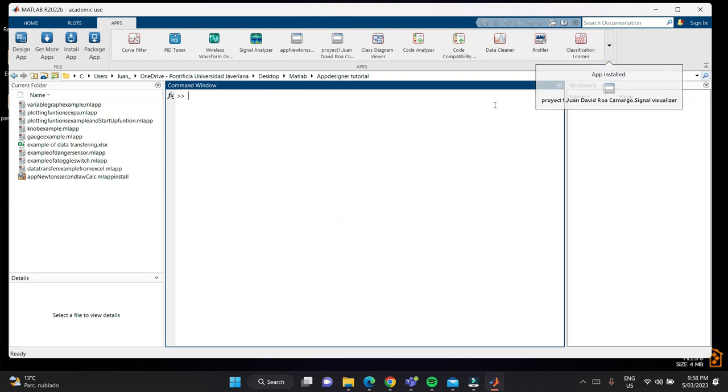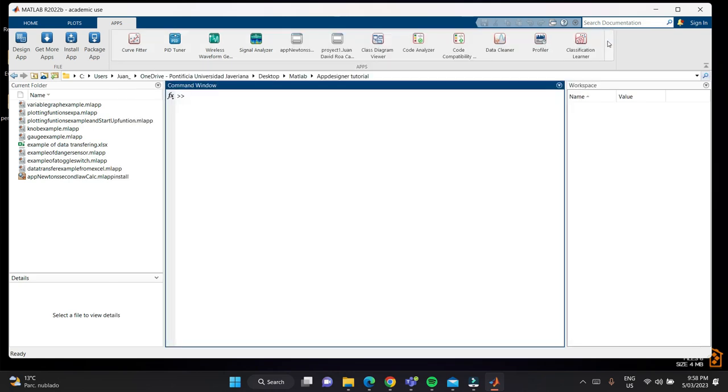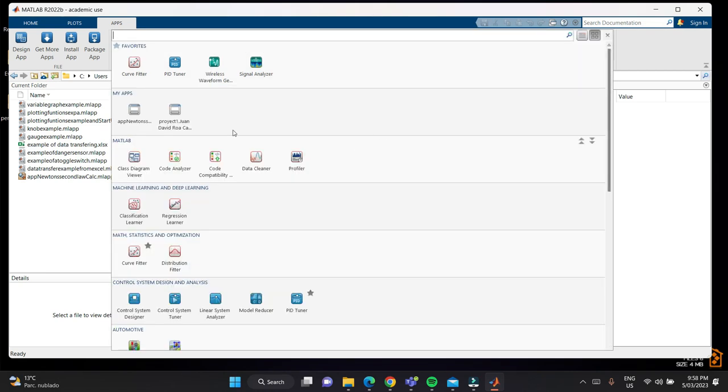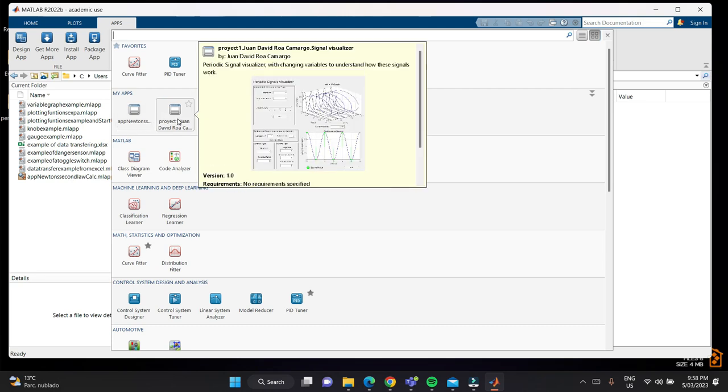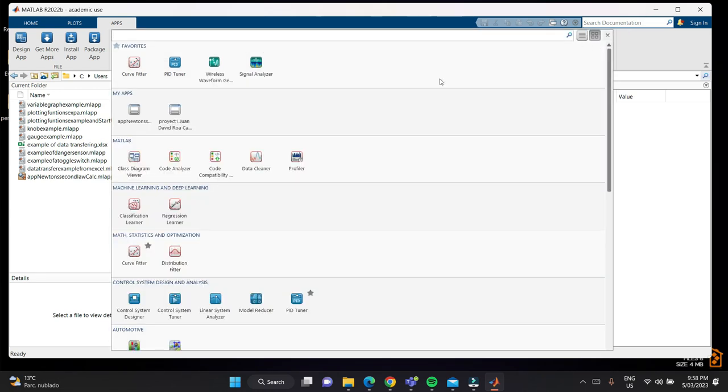Once it's installed, all we have to do is click this little corner here in the app section too and look for it. So we see here I have two apps. In this case, I'm going to use this one. We can actually see the properties of it, as you can see.